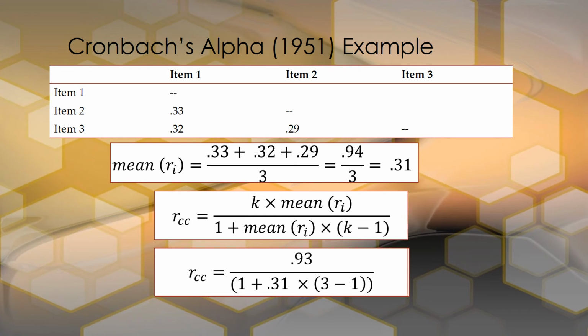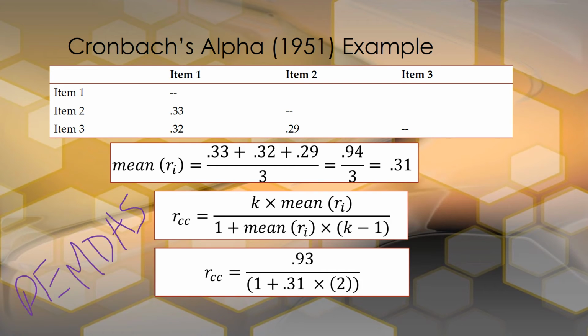Now we're going to work on the bottom. But remember, we want to do the parentheses first, then exponents, then multiplication, division, and then addition and subtraction. So we're going to do inside the parentheses first. So we're going to do 3 minus 1, and we get 2.